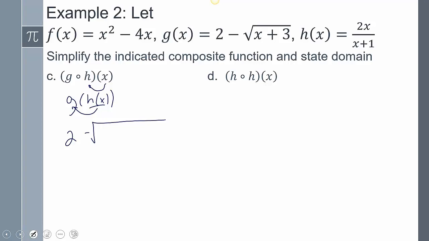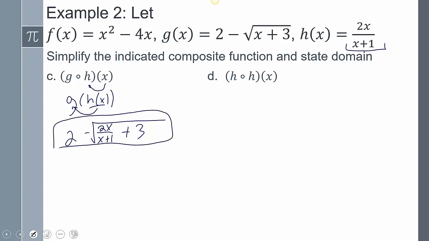Now instead of x, we're plugging in our h function, and so that's going to be 2x over x plus 1. And then I still have this plus 3. Now this is our unsimplified version, and there's not much else that we can do to actually simplify that. And so this would be our answer.